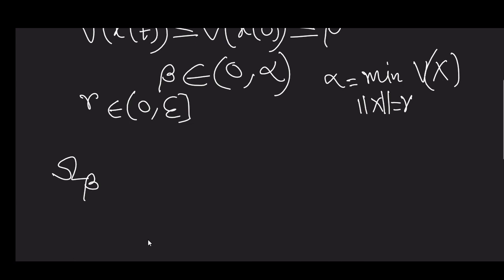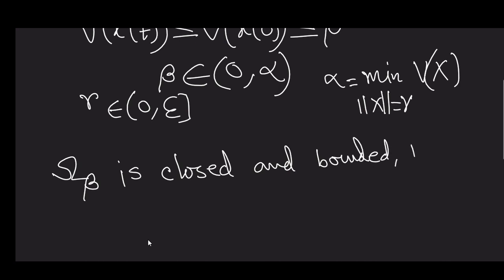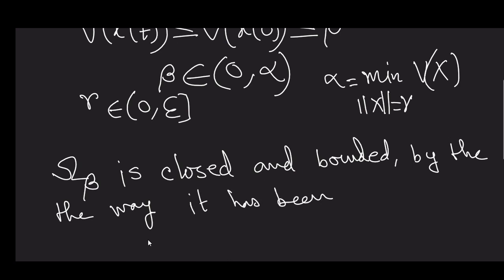Omega beta is closed and bounded by the way we have defined it. The way we have defined it implies that omega beta is closed and bounded.